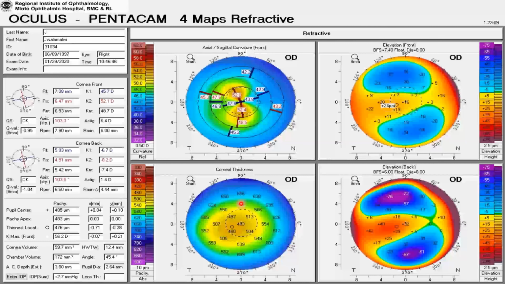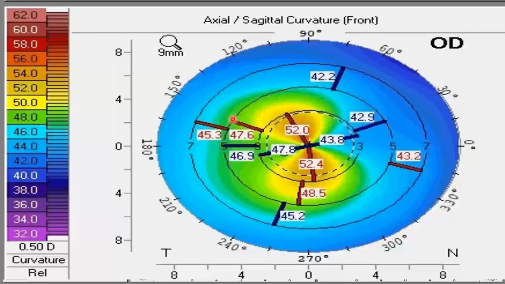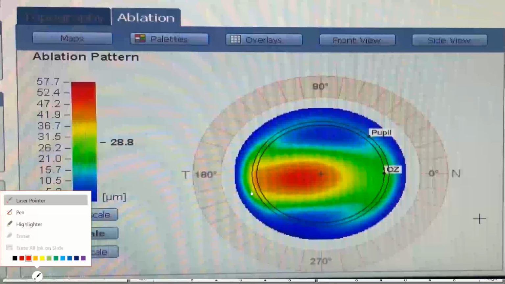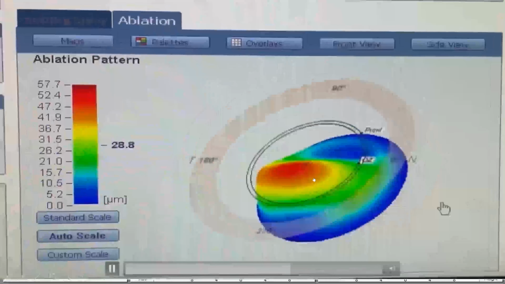So this is one of the Pentacam pictures of our patient. This is the actual sagittal curvature of the patient. Now this is the ablation pattern during the procedure in the MEL 90 excimer laser.